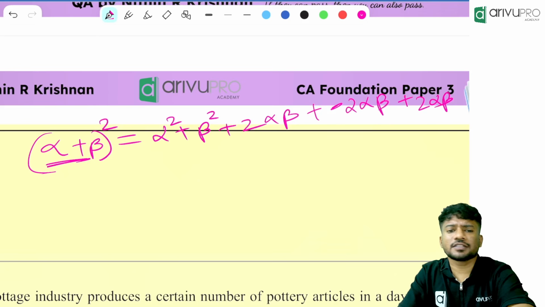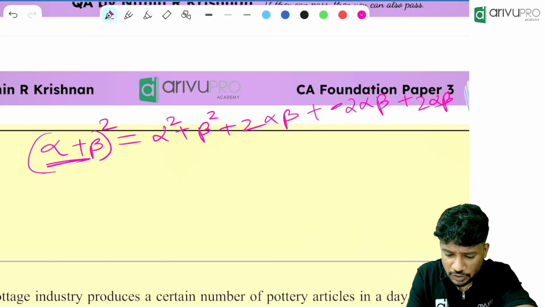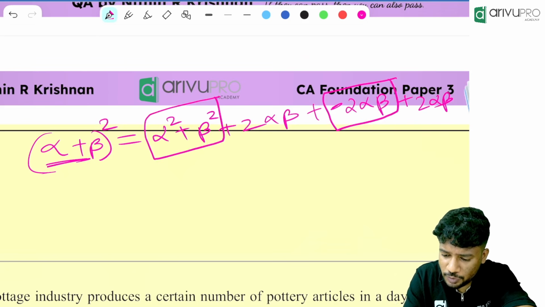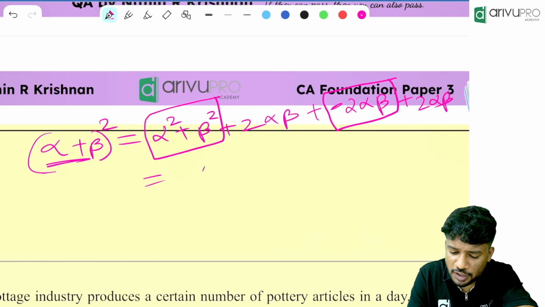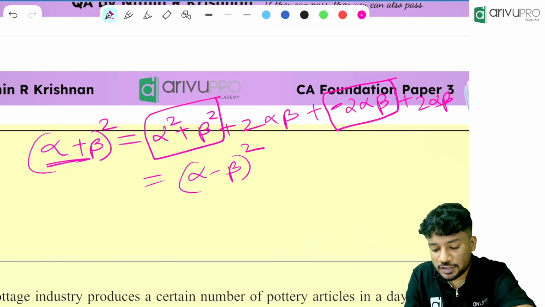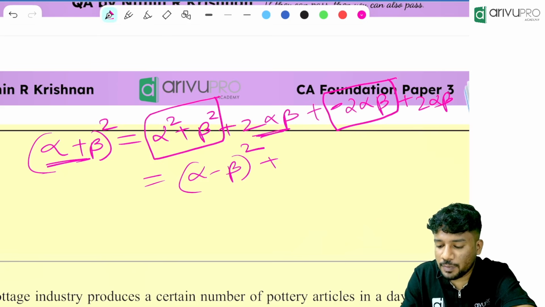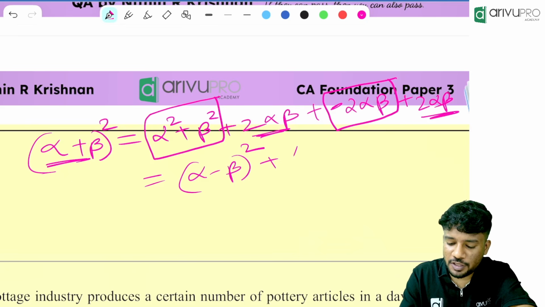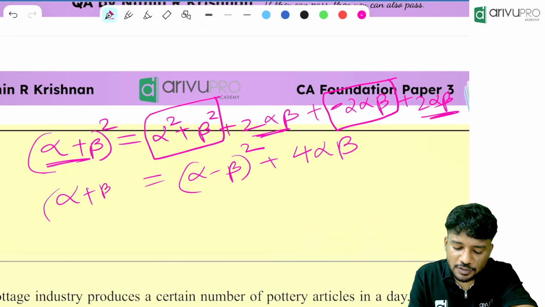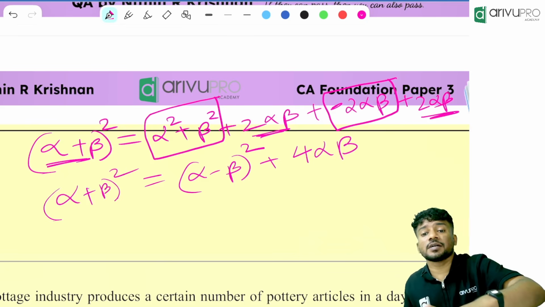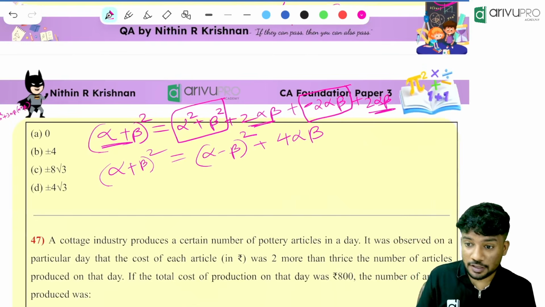Okay, I wrote that instead of that 0. So remember this, alpha square plus beta square and minus 2 alpha beta, they together became alpha minus beta the whole square. Then what is remaining? Plus 2 alpha beta plus 2 alpha beta. How much is remaining? 4 alpha beta. So that is alpha plus beta the whole square in terms of alpha minus beta the whole square.